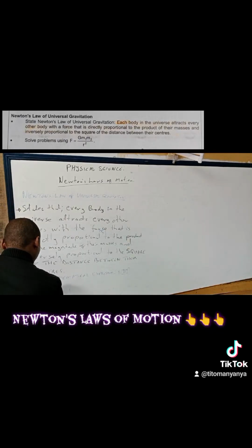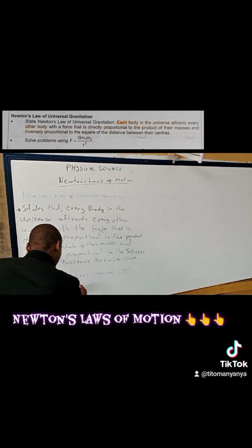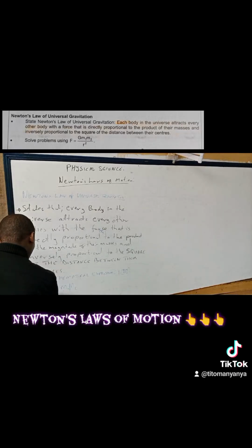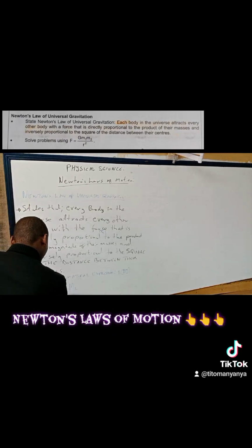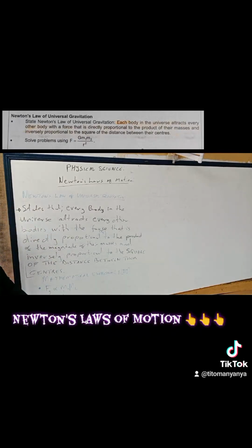So I would say Fg is directly proportional to mass 1 times mass 2. This gravitational force is directly proportional to the product of the magnitude of the masses of the bodies. And number 2, this gravitational force is inversely proportional to the square of the distance.